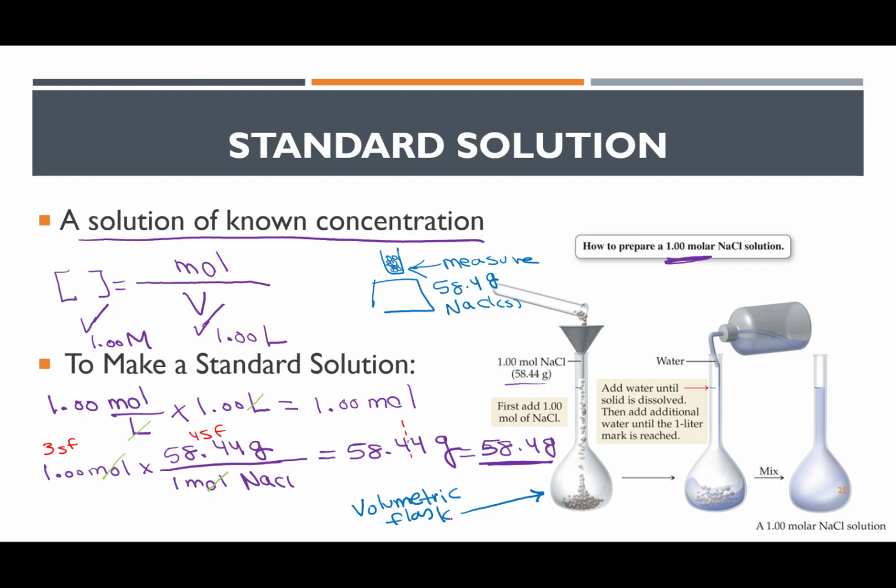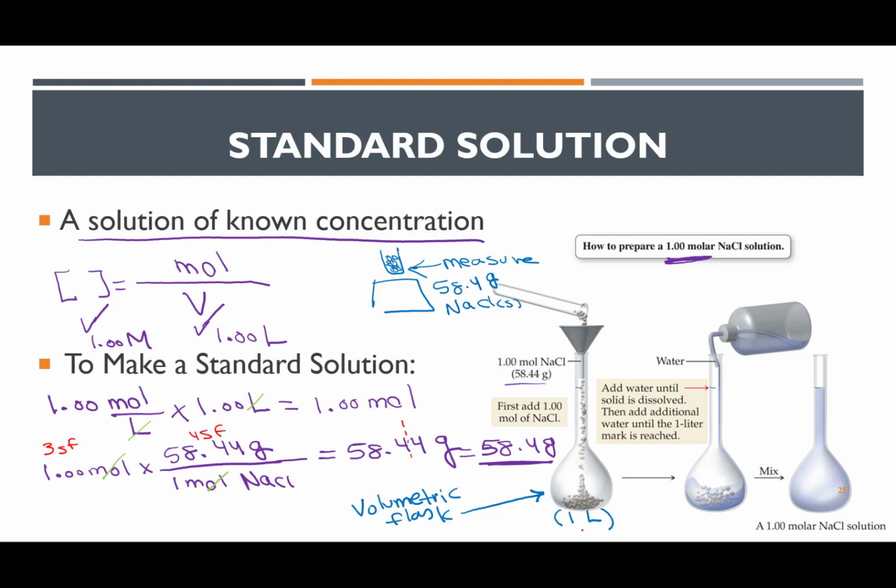Then you're going to go and get a volumetric flask that's 1 liter, and these are calibrated for that. Once you weigh as close as possible to 58.4 grams of sodium chloride, you transfer that solid sodium chloride into your 1 liter volumetric flask.